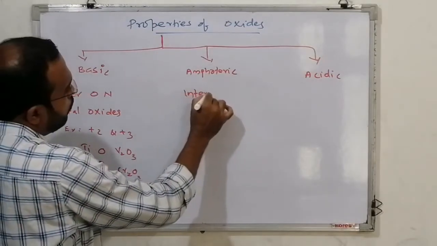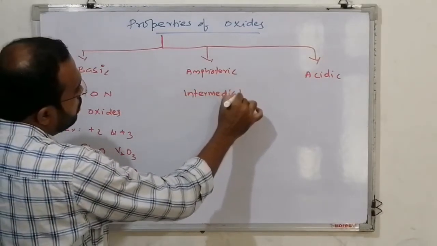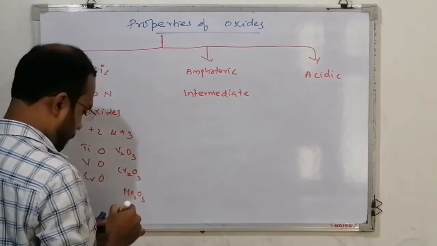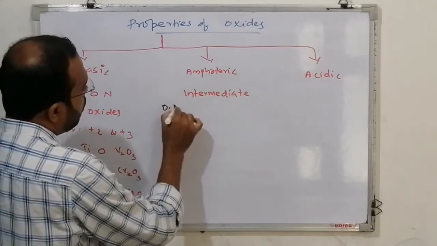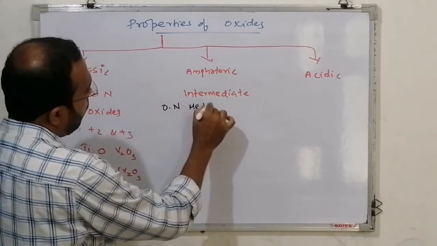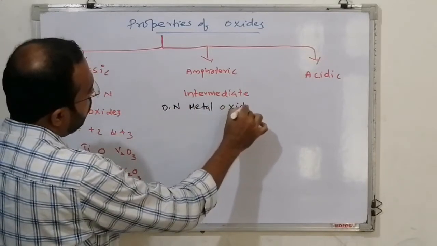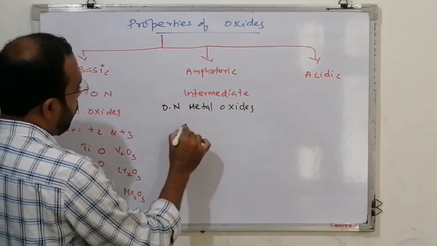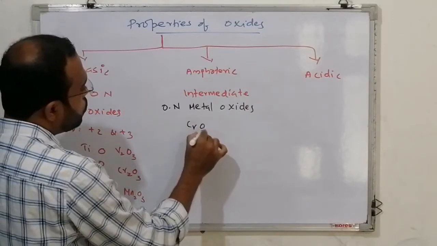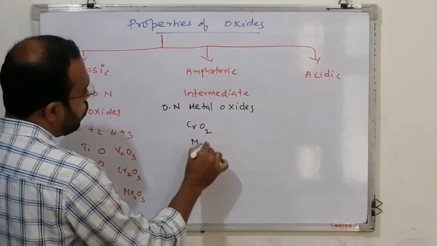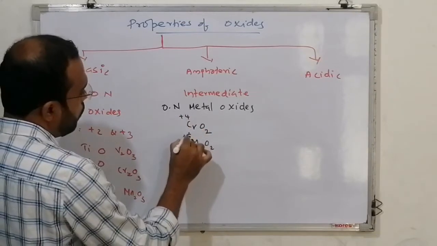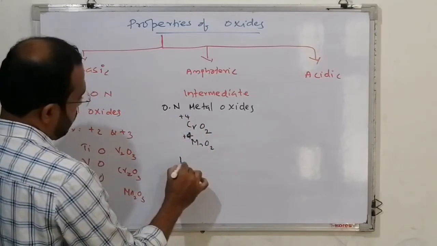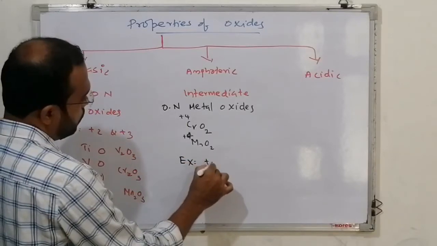Intermediate oxidation number metal oxides, for example CrO2, MnO2, that is +4.